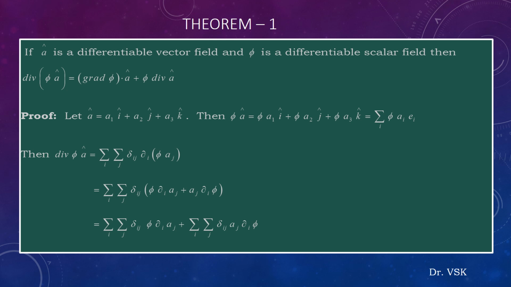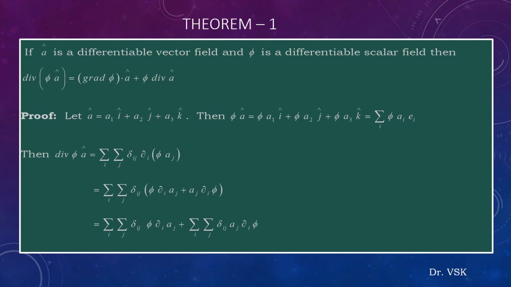In this first theorem, we have to select a scalar field phi and a vector field A cap equals a1 i cap plus a2 j cap plus a3 k cap. We have to suppose that these two are differentiable fields.